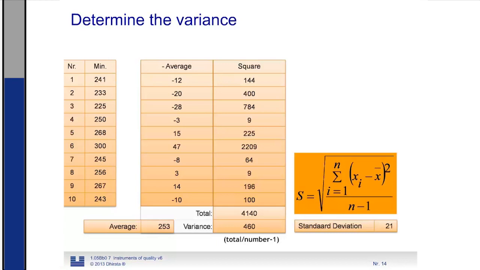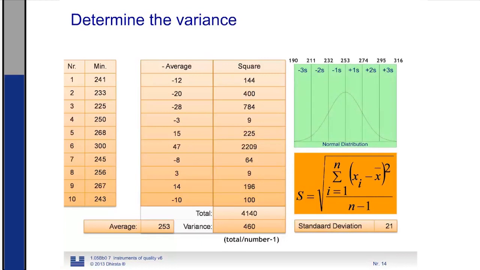With the standard deviation, we can do interesting things, because when the number of measurements above and below the average are almost equal, so when the distribution is symmetrical, we can say that the measurements are normally distributed. The normal distribution has some interesting features. In the area between one standard deviation above and below, approximately 68% of the measurements will fall.